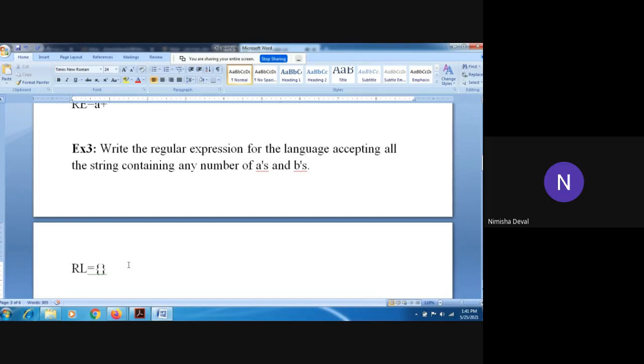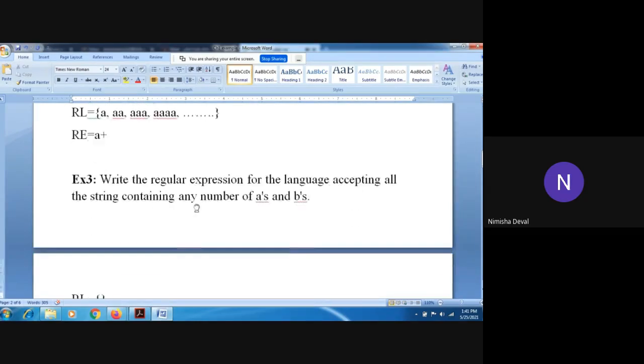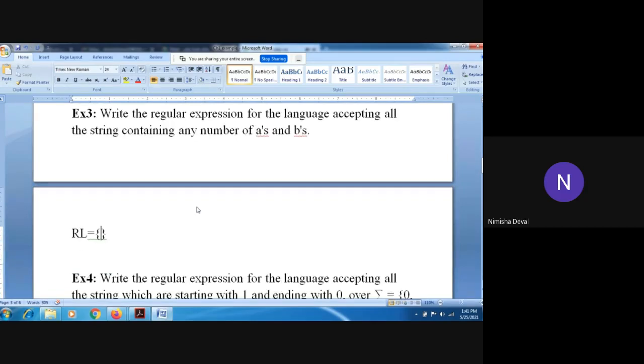Whenever they mention any number of a's and b's, in that case you have to include the null value. And if they mention one or more occurrences, excluding null, or accepting null, then exclude the null value accordingly. Right now we have to include the null value.